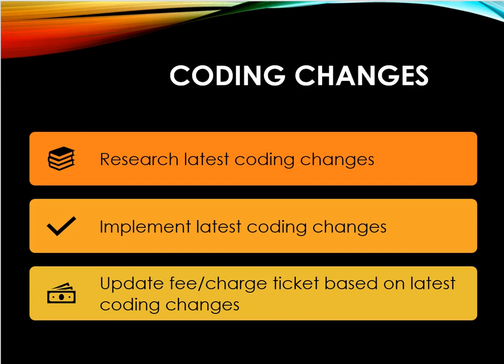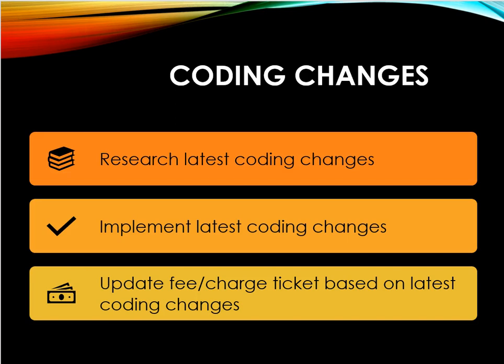So the latest coding changes, as you know, ICD-10-CM and ICD-10-PCS are updated every October 1, the code set and the guidelines. Every January 1, CPT and HCPCS codes are updated.